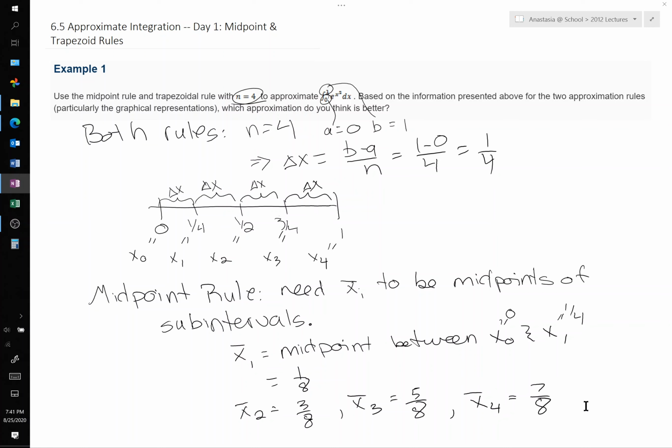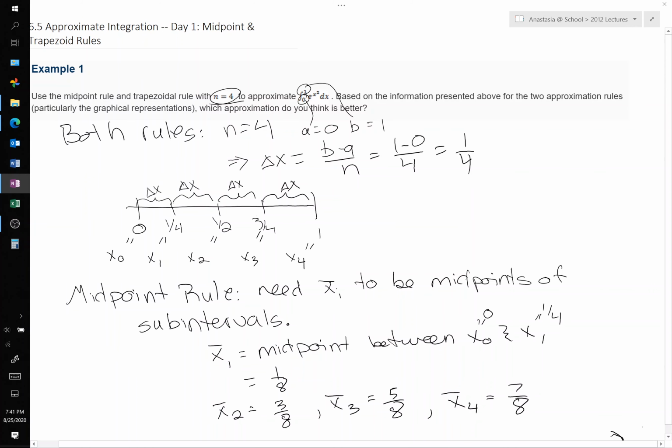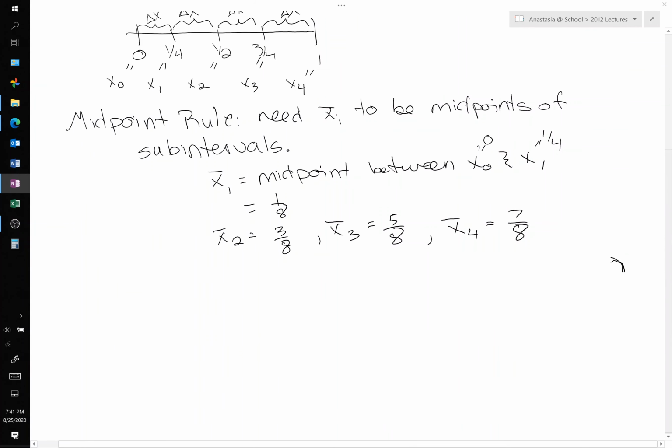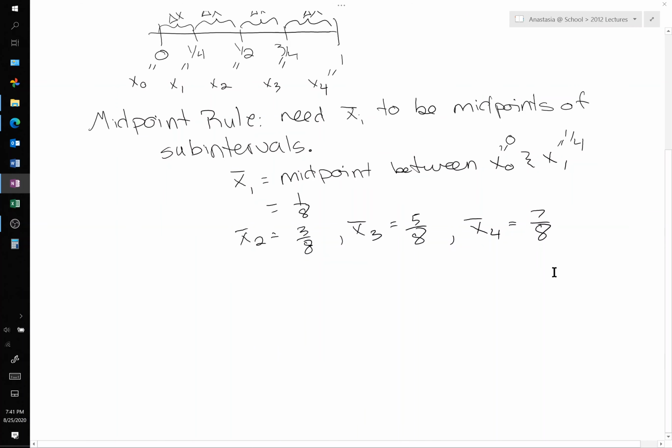So it's perfectly fine to just figure out these midpoints intuitively. If you wanted to use the formula, then x bar sub i is equal to 1/2 of x sub i minus 1 plus x sub i.